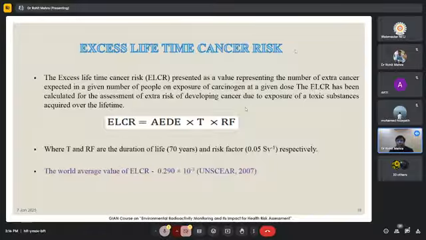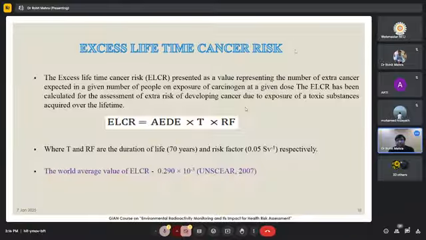Similarly, you could calculate the excess lifetime cancer risk from those annual effective doses, but you have to multiply those AEDs with some risk factors and the time duration. So if you take an average life of a human being as 70 years and the risk factor is 0.05 per sievert, you could calculate ELCR also.